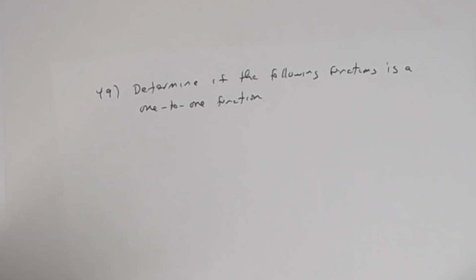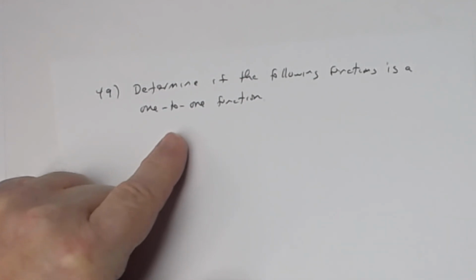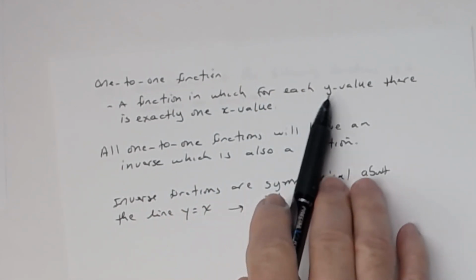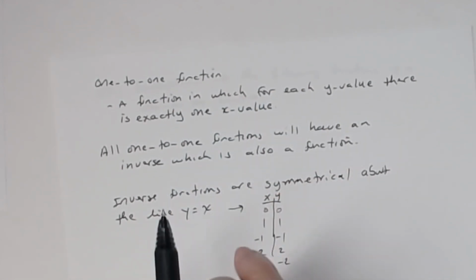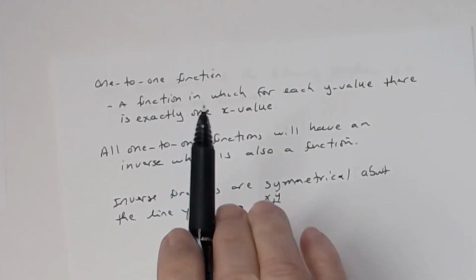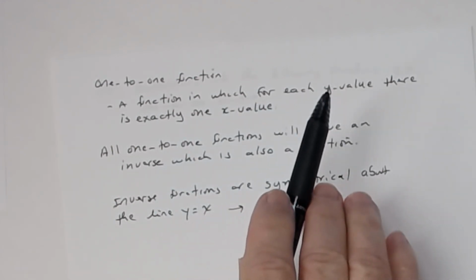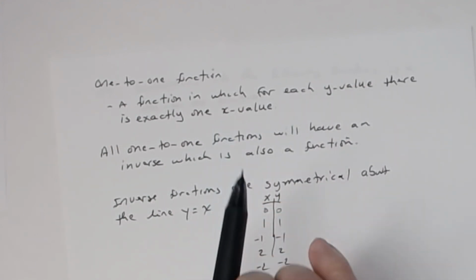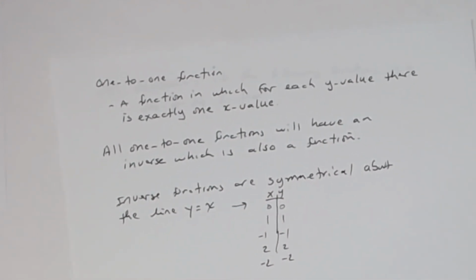So remember we talked about earlier, if a function is one-to-one, if we go back to our example here, a function is one-to-one if for each y value there's exactly one x value. All right, and so if for each y value there's exactly one x value, then it is a one-to-one function.